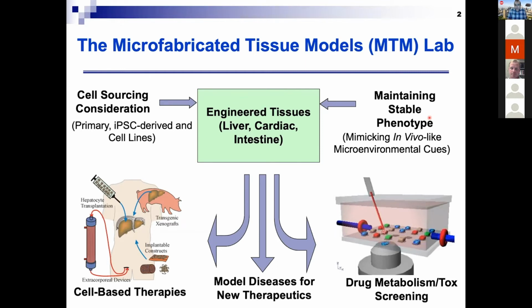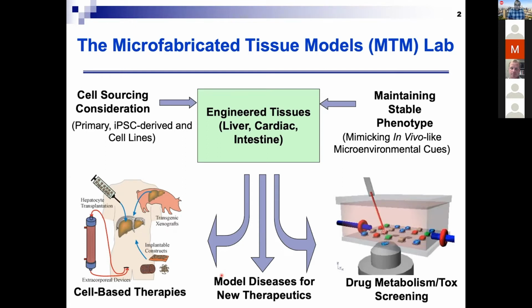The other part of my lab is to then utilize these tissues for various applications. So the applications are cell-based therapies, where a patient is suffering from organ failure and they need an engineered tissue to keep them alive. The second application is to model various human diseases for the development of new therapeutics. So think about COVID-19, for instance.